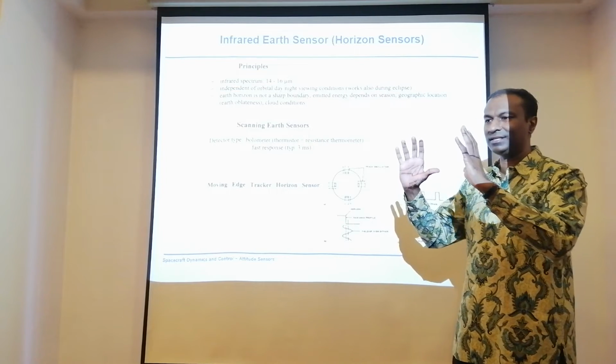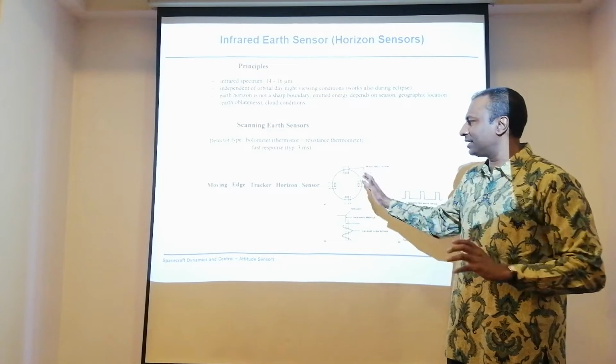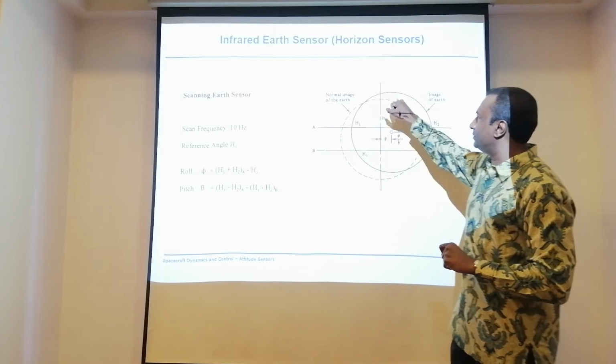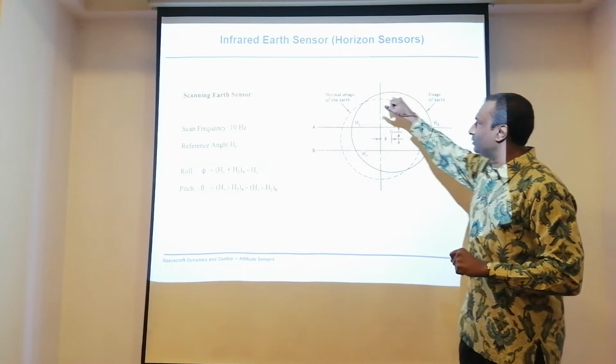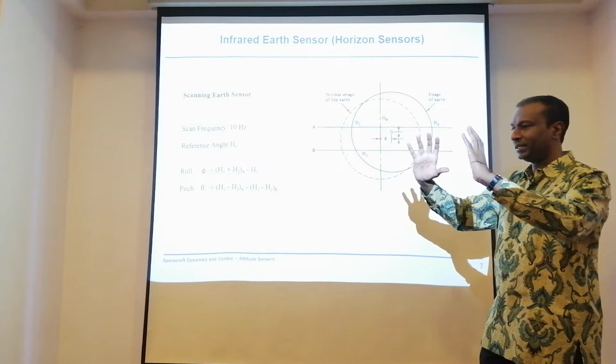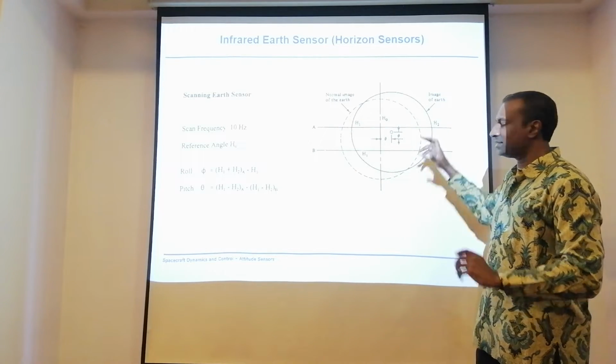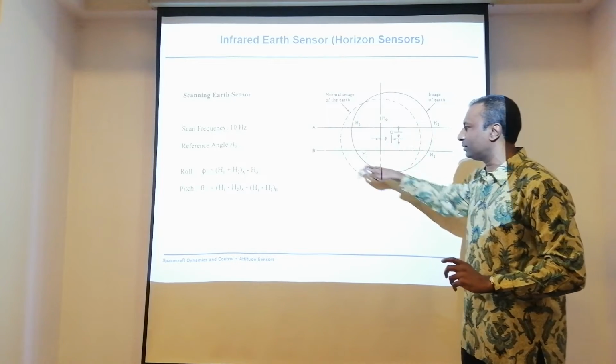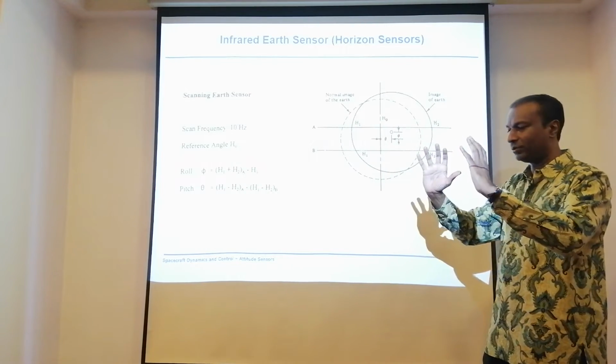That's the fundamental of how to do this. Let us see that one. This is how it is. Assume that this is the ideal one, the normal, and what we are going to measure is how much deviation we have gone through with respect to the normal, the ideal one.